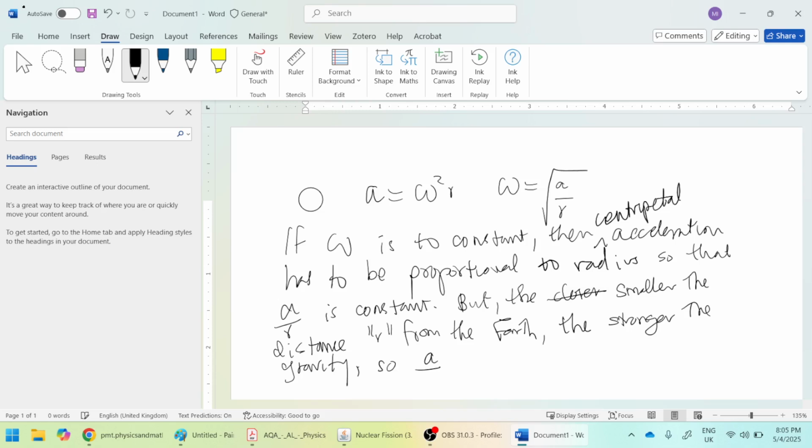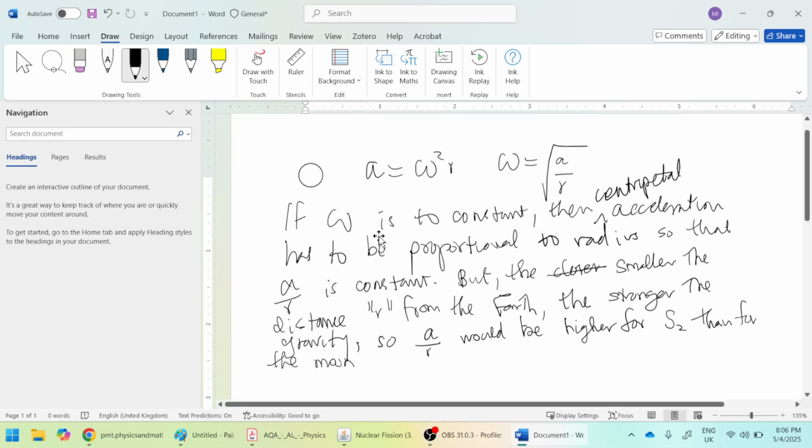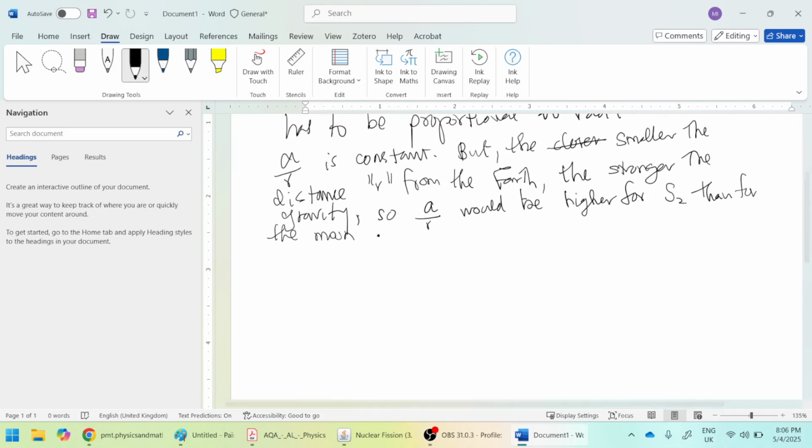So a over r would be higher for S2 than for the Moon. Right?